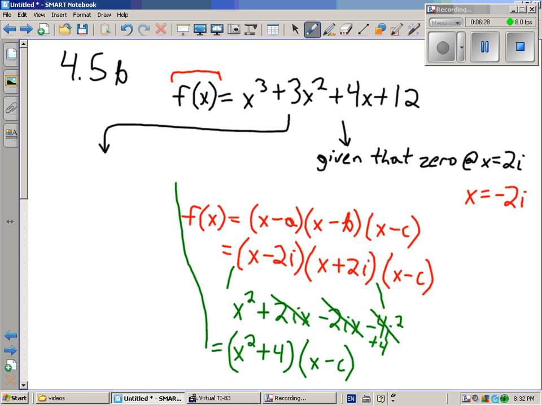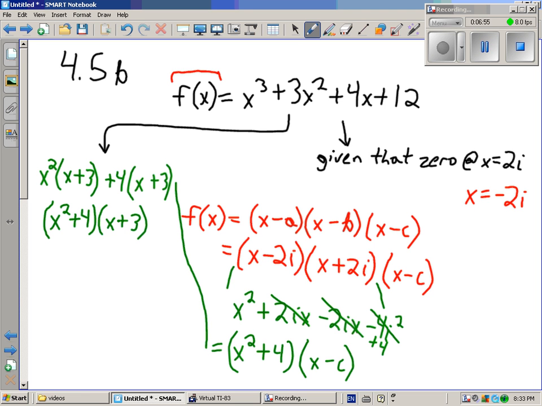You may notice that this is a tetranomial that we can actually factor out by parts. You pull x squared out of the first two terms, you get x plus 3. You pull a 4 out of the last two terms, you get x plus 3. So you can actually factor it out as x squared plus 4 times x plus 3 that way.